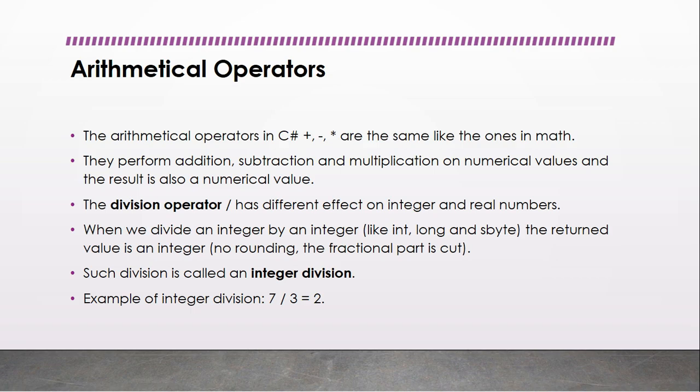there are two types of divisions: integer division and real division. In integer division, even if the result has a fractional part, it is cut and lost, and only the integer part is saved.